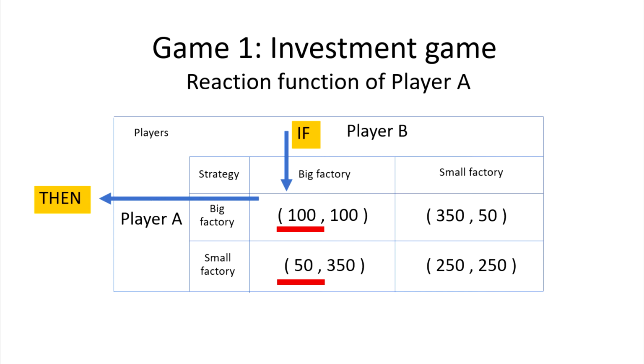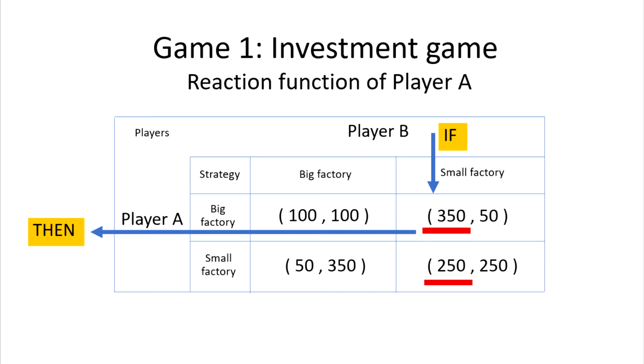So you see that the payoffs on the left hand side and in the bracket is belongs to player A. So here 150, which one is better? You're right, 100 is better. Therefore, if player B builds a big factory, then player A has to build a big factory too.